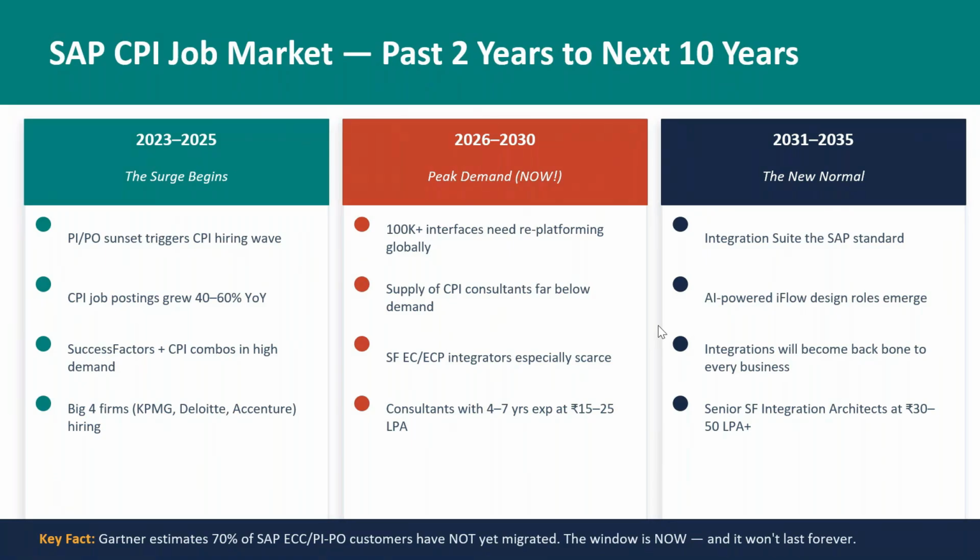To cope with that, you need CPI to build integrations with S4HANA systems, right? The surge began in late 2023, and we can estimate peak demand from 2026 to 2030, with guaranteed demand for at least the next 10 years, right?